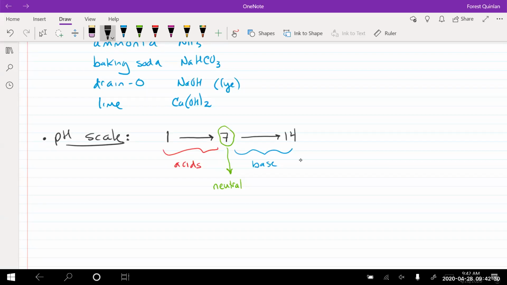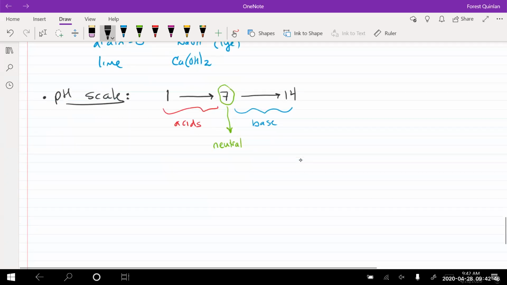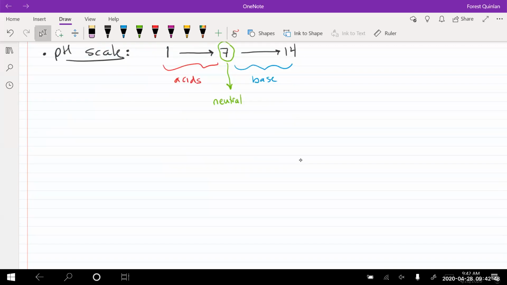Now, before we actually get into those calculations, what I want to do is continue on with some of these definitions and how we can glean a little bit of information from these definitions. So let's go back and look at the Arrhenius acids and what they can tell us. As we said before, these guys will give H pluses.